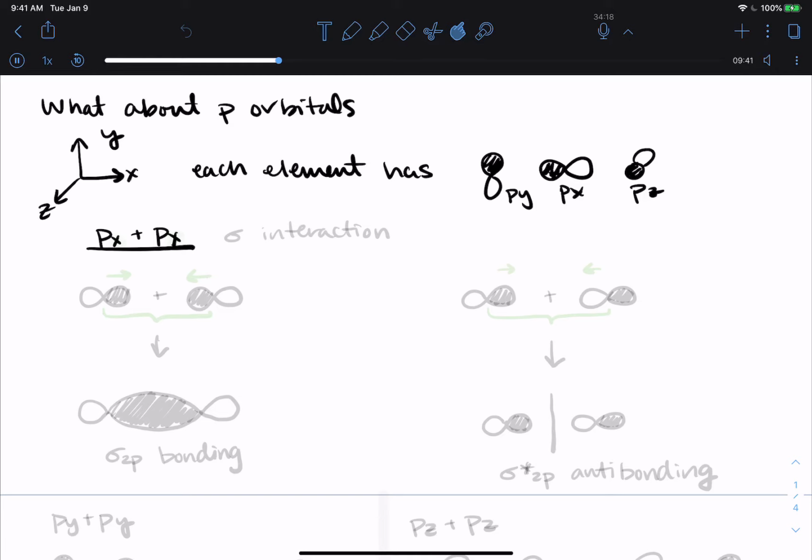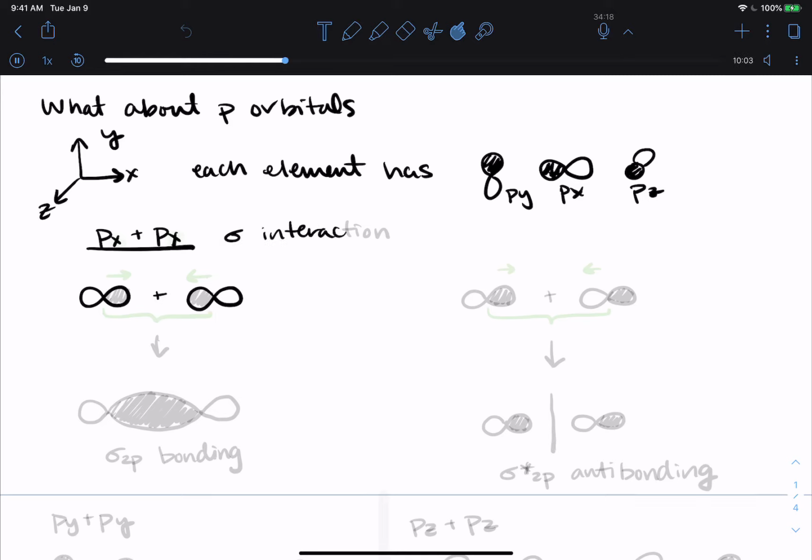And my px orbitals, plus px, they point at each other. So it's a p orbital, but that's head-on overlap. It's a sigma interaction.